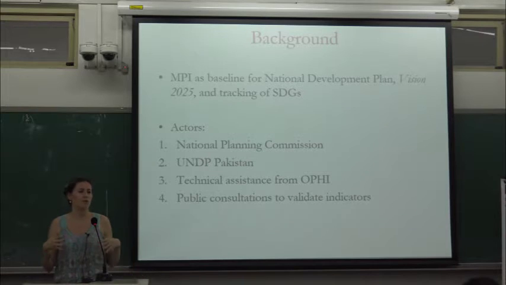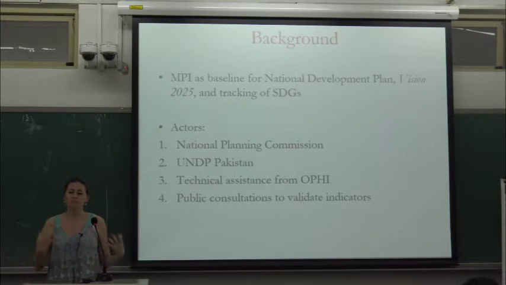So the selection of dimensions and indicators, the cutoffs, the K-value, all of these decisions were firstly discussed within the Planning Commission, but then they were checked with experts in each of the relevant ministries, like the Ministry of Education, the Ministry of Health, the Ministry of Labor. And then after that, they were validated through these public consultations with experts from different provinces, and then also people from UNICEF, UNDP, the World Bank, and different international agencies were invited to participate and to give their opinion, as well as people from academia in Pakistan and international experts.